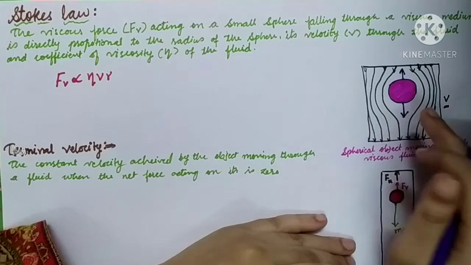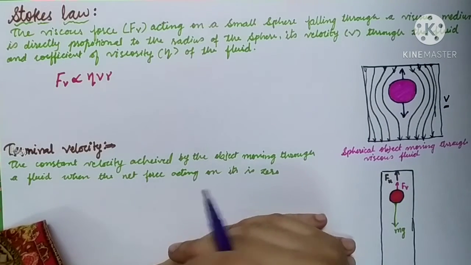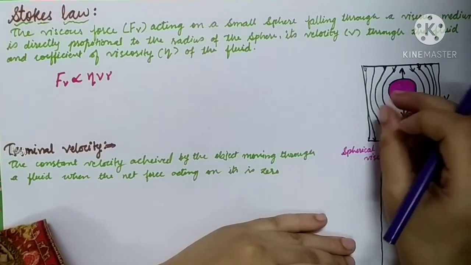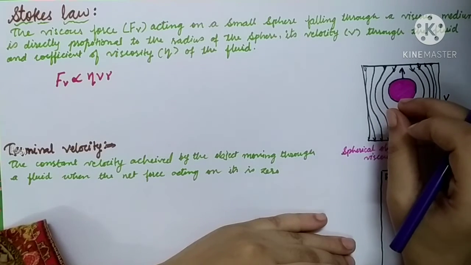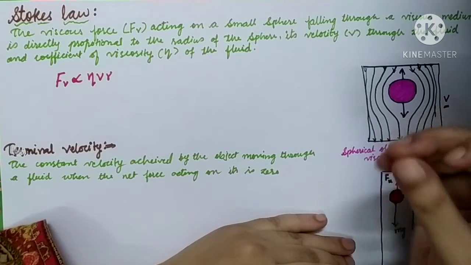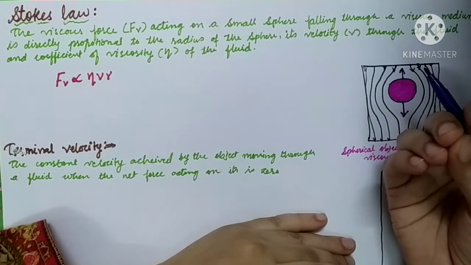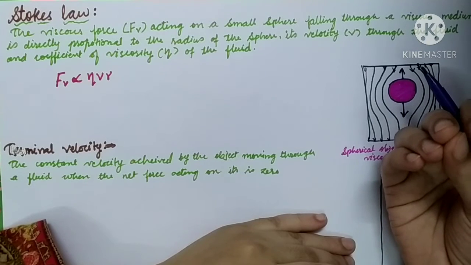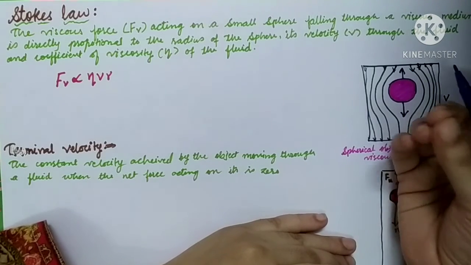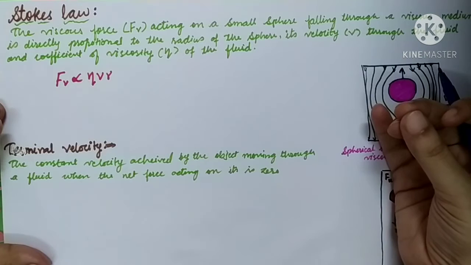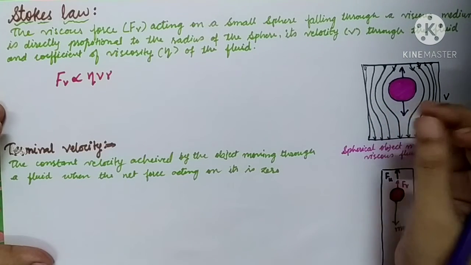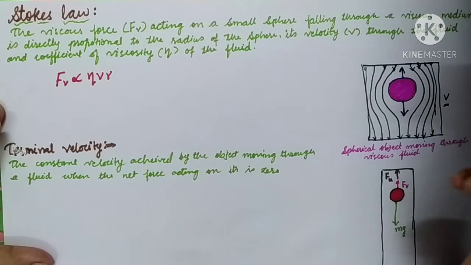On which factors is it going to depend? If we take a very small sphere, it is going to experience a smaller amount of viscous force. If the radius of the sphere is not very large, the dragging force experienced by the sphere will be very less.